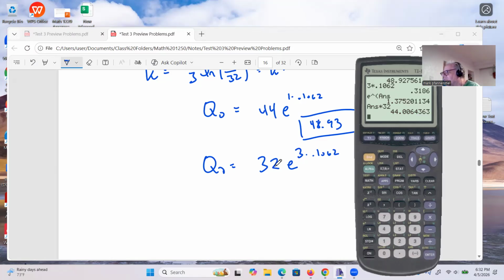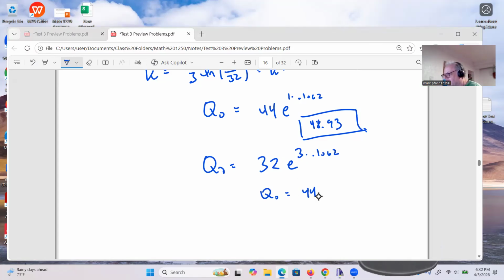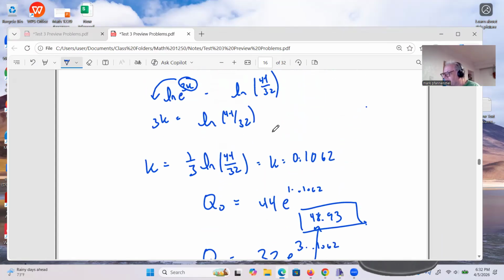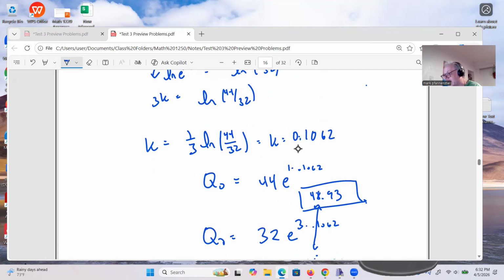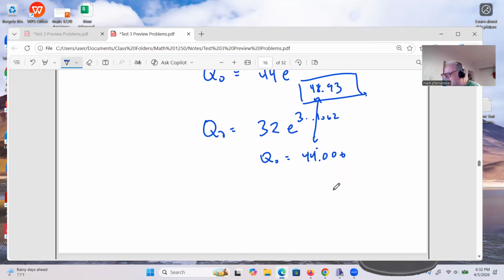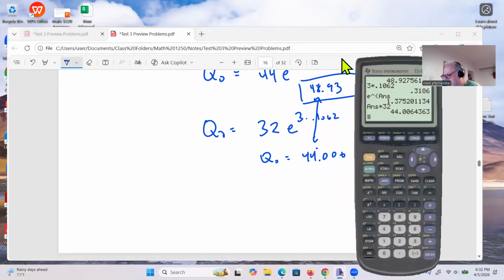And I ended up with 44.006. So Q sub 0 is equal to 44.006. These are close numbers, and we are very susceptible to round off error when it comes to this. That's why I say at least 4 decimal places, because if it's not that much, it's going to be off. So that's a reasonably close answer, and we'll be okay with that.